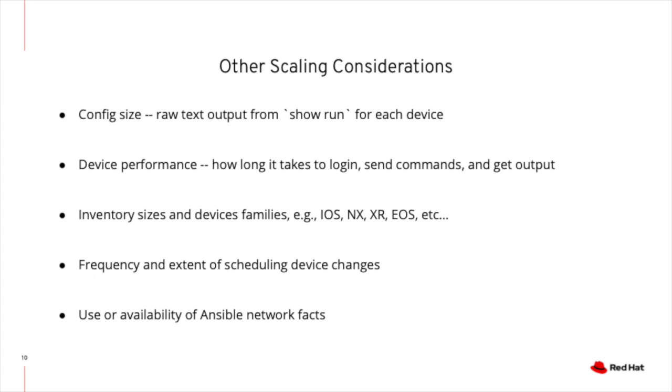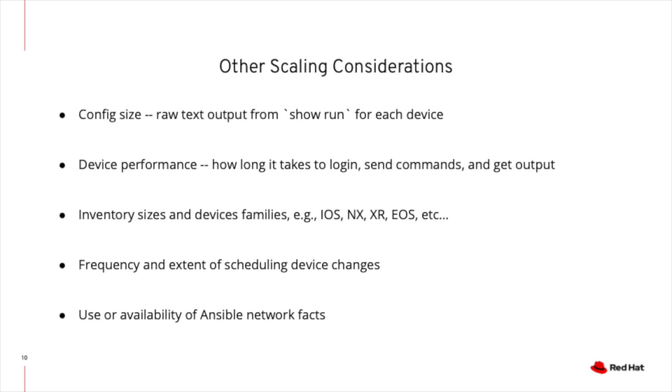Now, we'll go a little bit into how to deal with facts, but having the ability to use facts, if your network supports them, like IOS facts, EOS facts, Junos facts, all these facts modules that come from Ansible, that's going to make your performance a lot better when you have to deal with parsing operational data or configuration data.